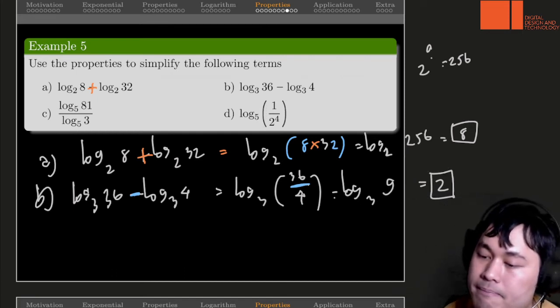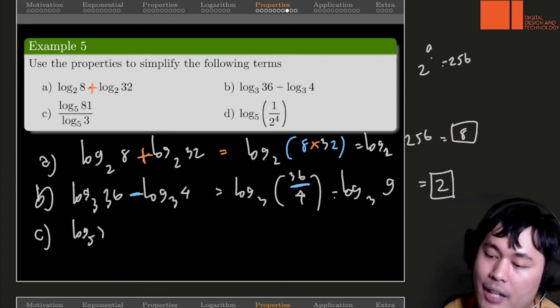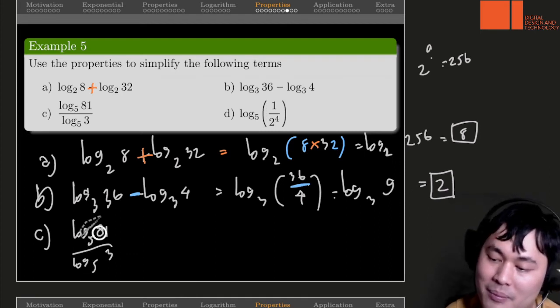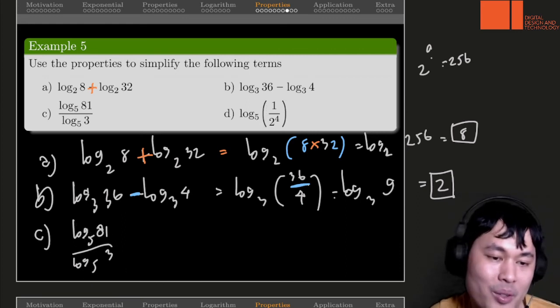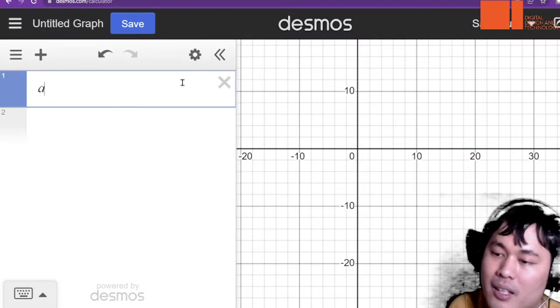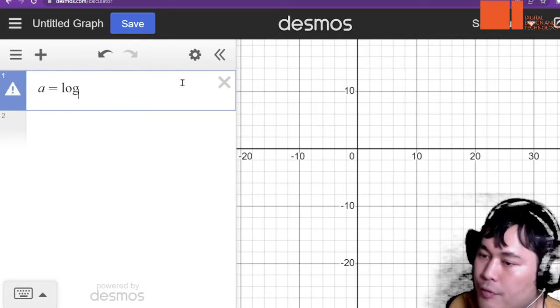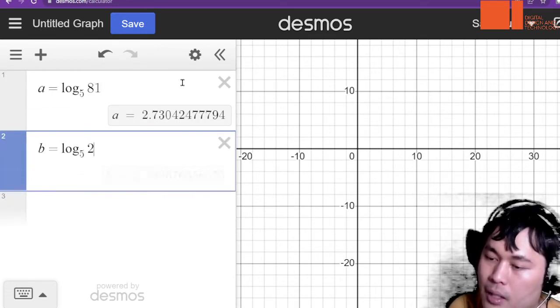That's B. What about C? C again has logs with ugly bases. If you do it one at a time, computing the top one and then the bottom one, actually, let me do it for you. If you don't know about the properties of log, let's say a equals log base 5 of 81, and b equals log base 5 of 3.